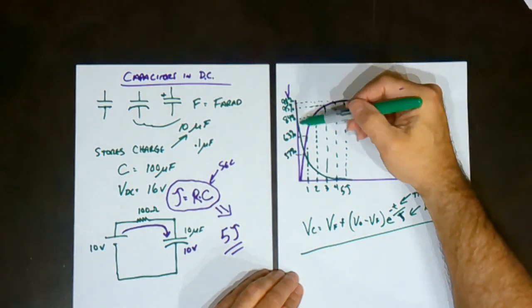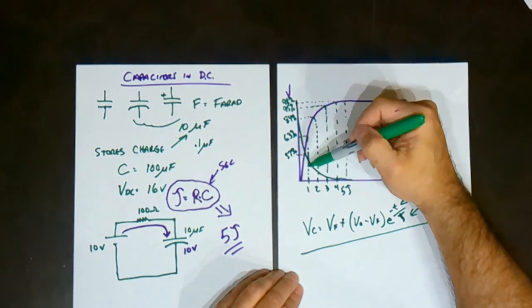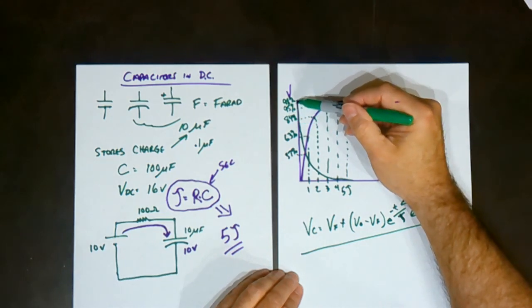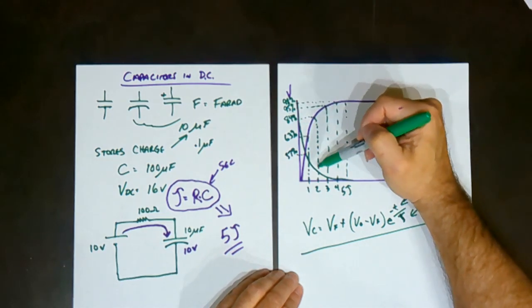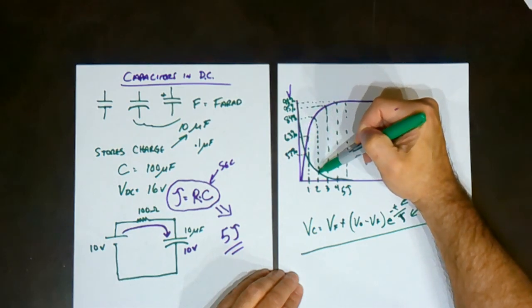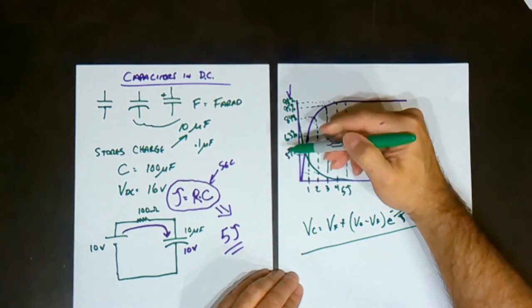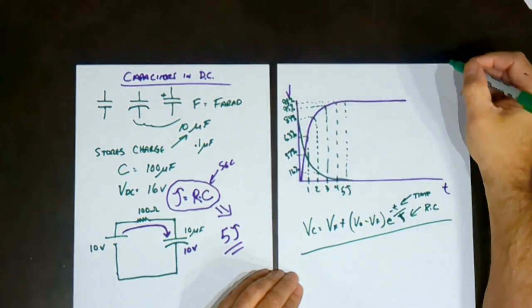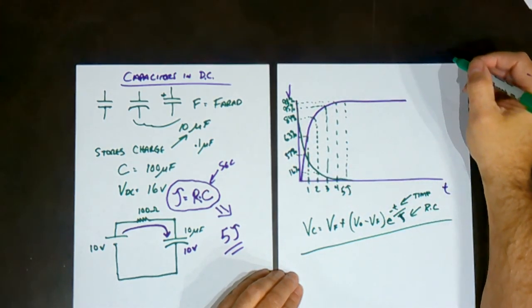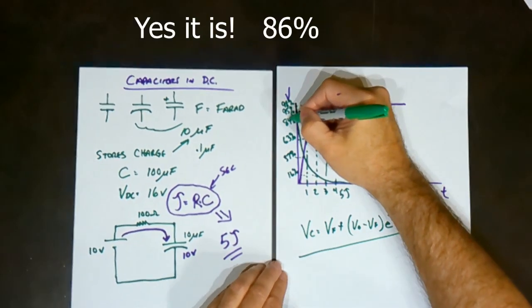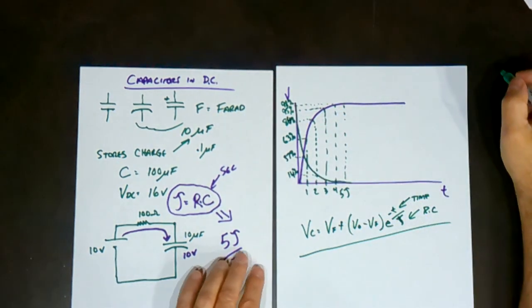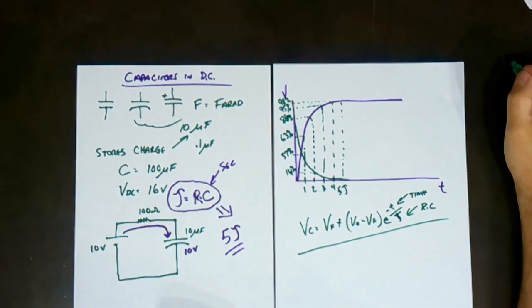And the same thing goes for the rest. 2 tau, on the charge time, is actually 84%. So therefore, on 2 tau on discharge, I lose 84%, and what I'm left with is 16. Why do I think that's 86%? Now that I'm thinking of it, I think that's 86%, and that would be 14. There we go. That looks better.